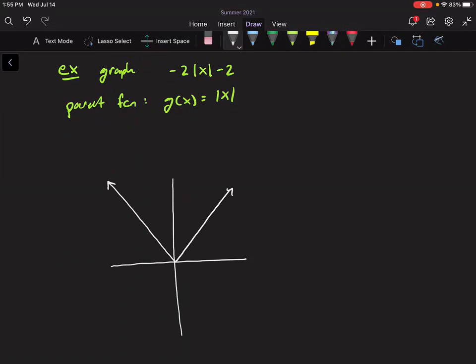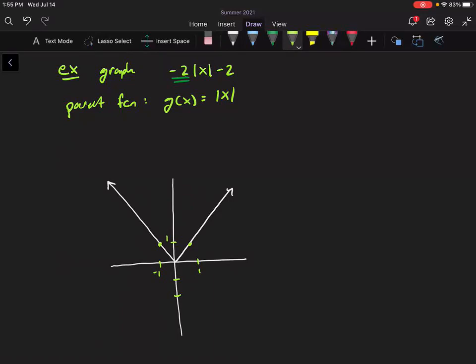And now our first transformation is this -2. The -2 actually does two things at once. Think about what those two things are. Okay, so we'll label a couple points on here to make our transformations clear. So first we have points at (-1, 1) and (1, 1).